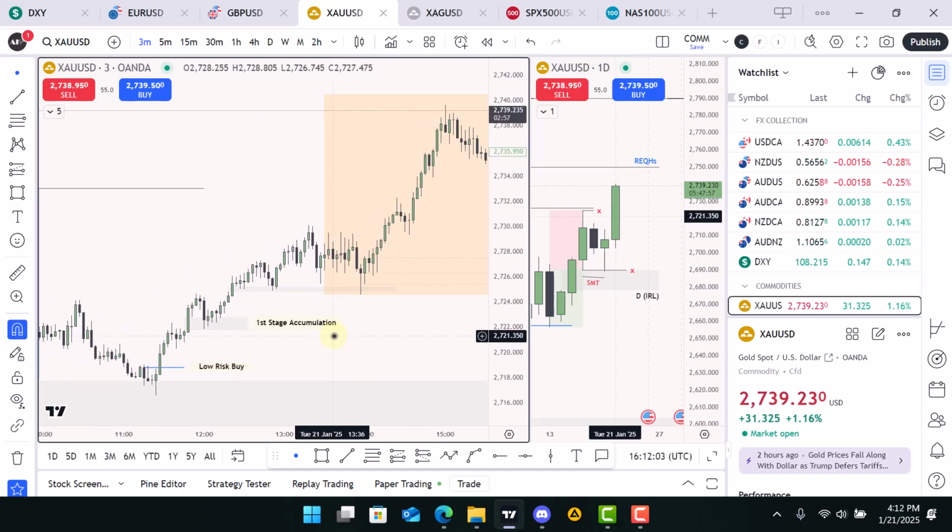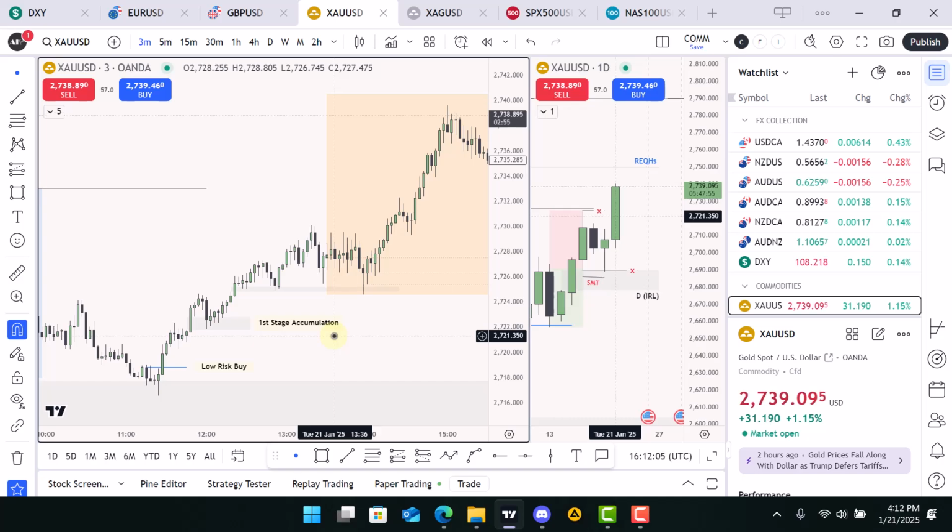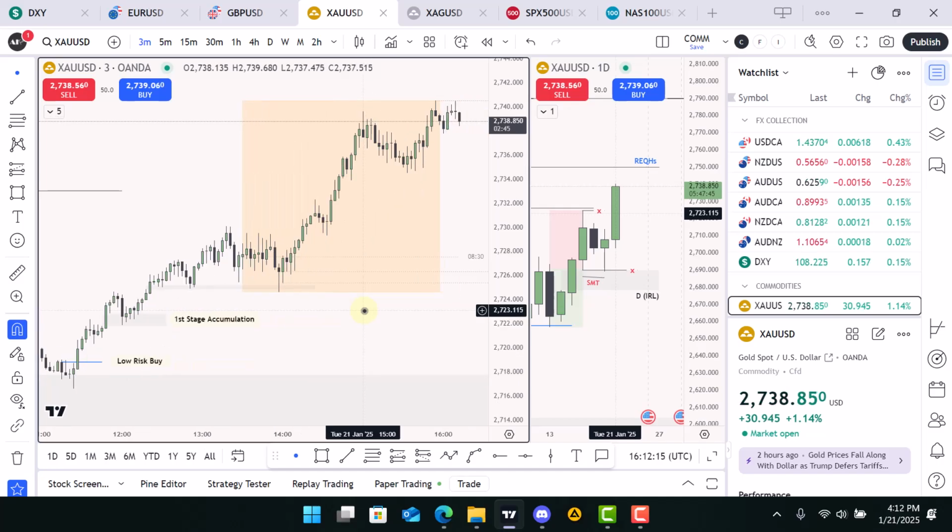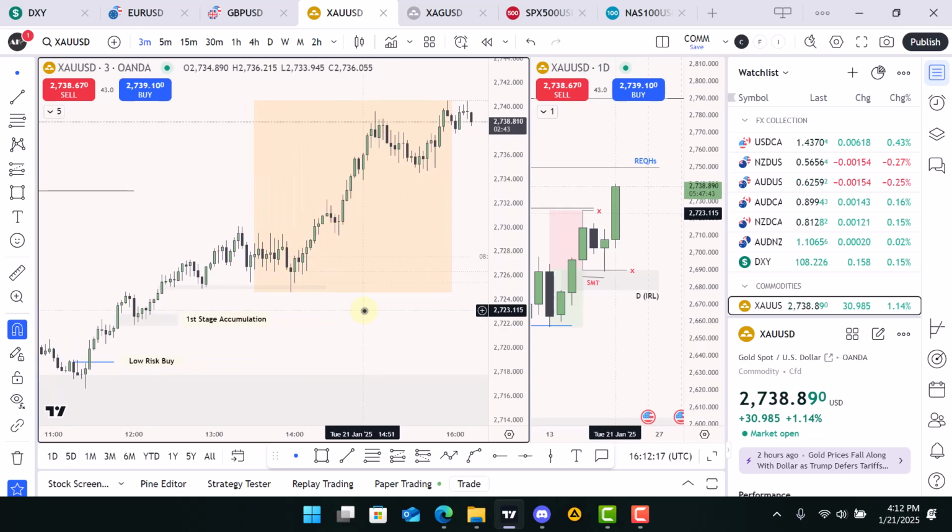Like I said, I'm a part-time trader. I don't have all the time in this world to manage my trades to a higher hour, maybe 4 and above. I just aim for my 2 hour, and then I exit my trades. So that is basically what happened today on gold.